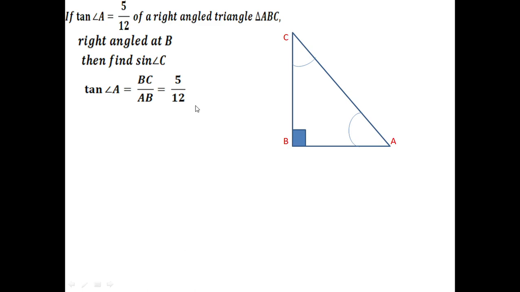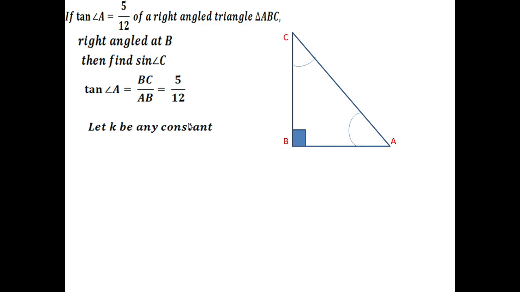And just now we have discussed that these are ratios. It indicates the ratio of the sides but not the actual length of the sides. Therefore we need to consider a constant, because BC is a multiple of 5 and AB is a multiple of 12.